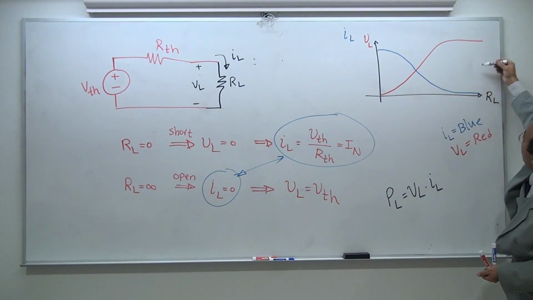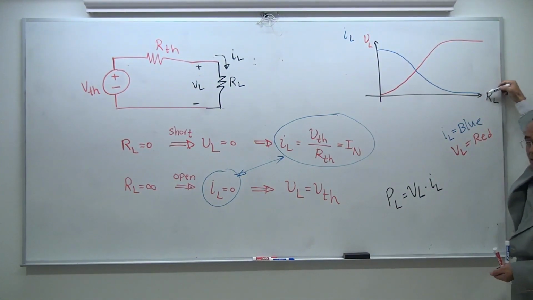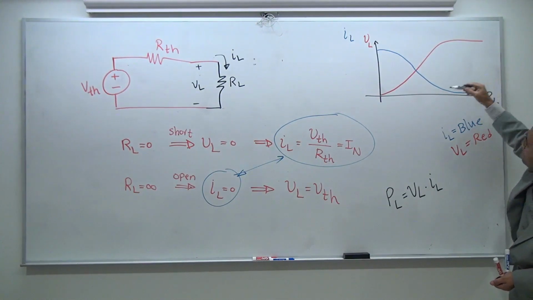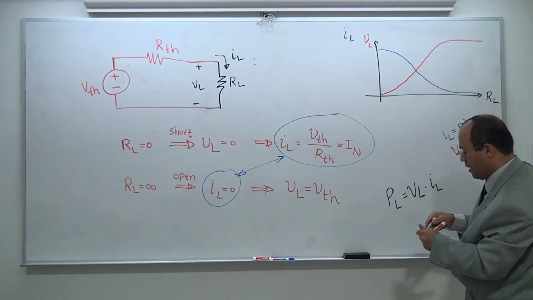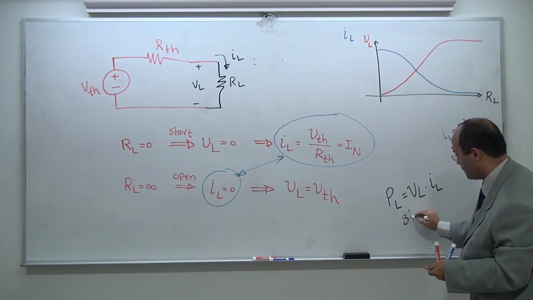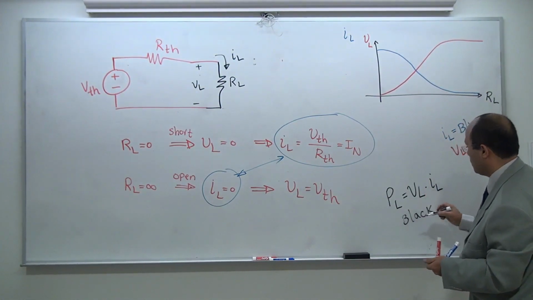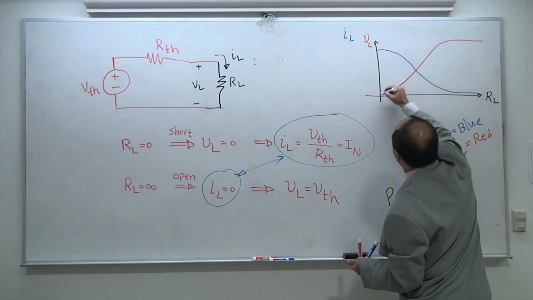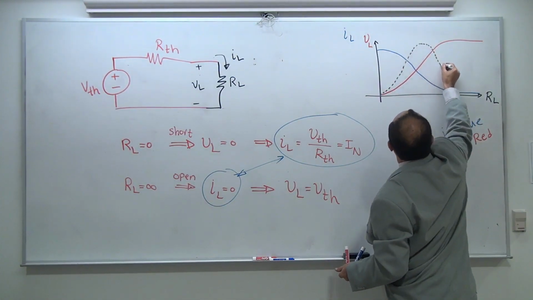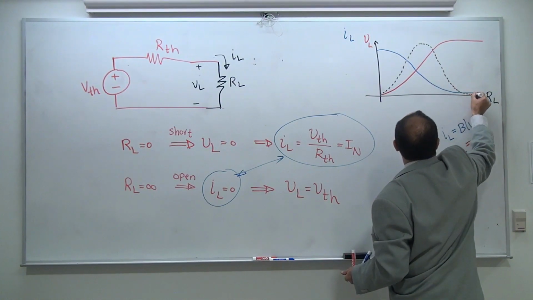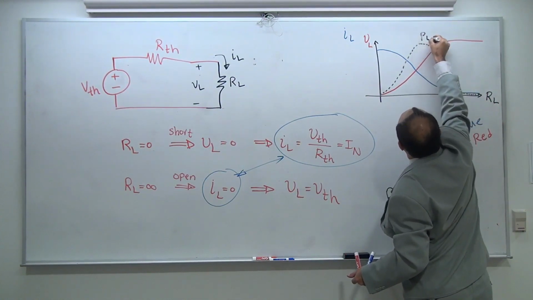PL is 0. As I can see, PL is actually going up and then coming down. I'm going to show that in black because I don't have any more color left. So as you can see, this is going to be the way my PL is going to manifest. This is PL.